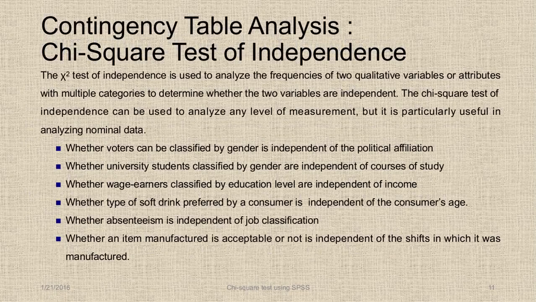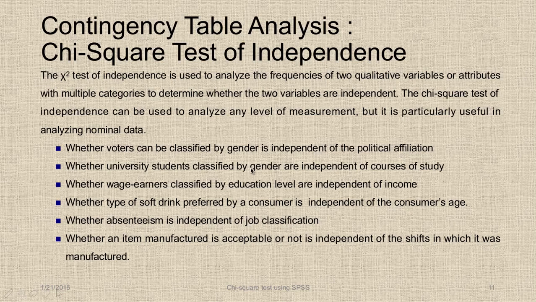Now a particular application of chi-square test, that is chi-square test of independence. Now suppose we have the following types of problems. We want to check whether voters classified by gender are independent of their political affiliations. That means we want to check the association between gender of the voters and their political affiliations.